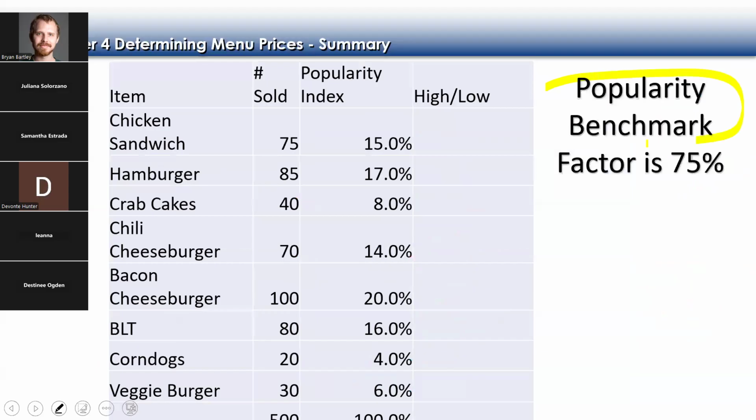We are looking for our popularity benchmark. Okay. What is a benchmark? Like the middle. So the benchmark is basically the level that we're comparing ourselves to, right?